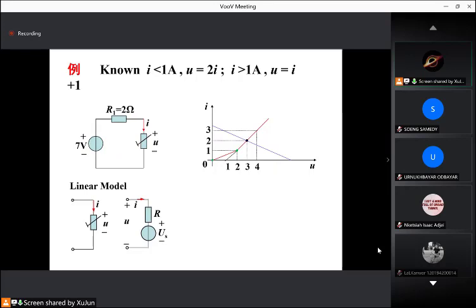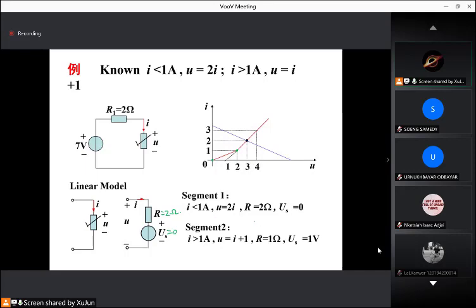For any segment, we can use the Thevenin circuit to express. For segment 1, I less than 1 ampere, U equal to 2I. So for this part, we can treat it as a 2 ohm resistor, and US is 0. For the 2 to 4, or 1 to 3 part, I larger than 1 ampere, U equal to I plus 1. So R is 1 ohm, US is 1 volt.